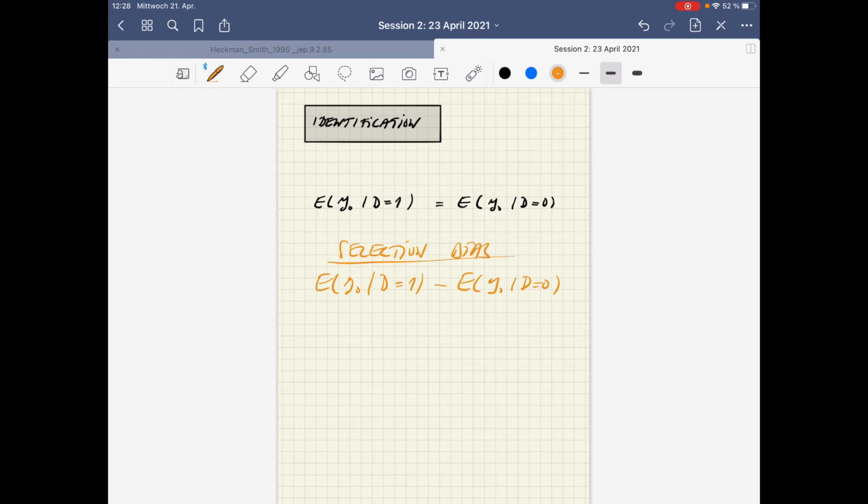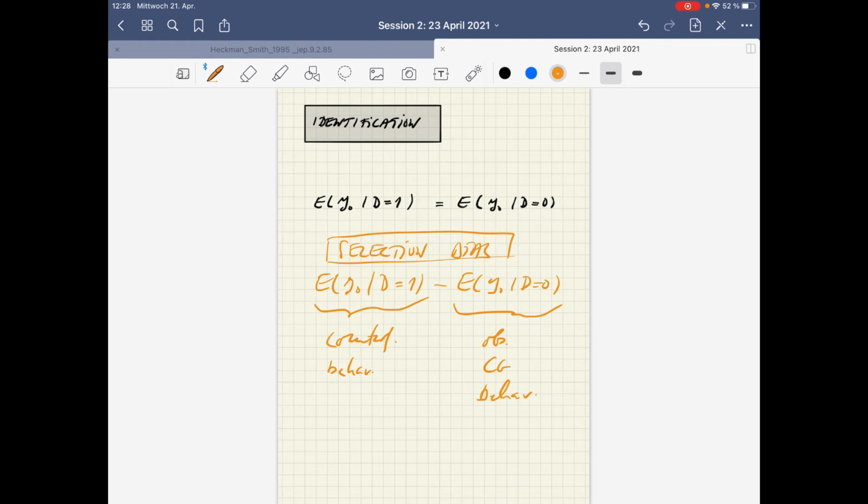If there is a difference between the unobservable counterfactual behavior of the program group and the observable control group behavior, so if there is a difference between these two mean outcomes, then we would have a selection bias issue.